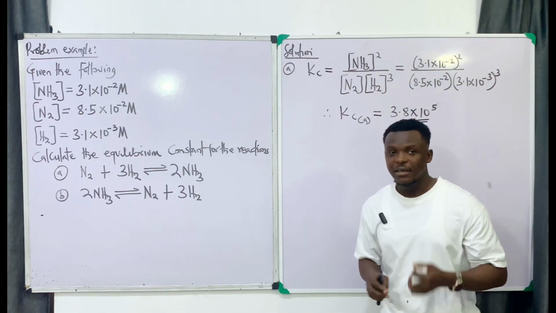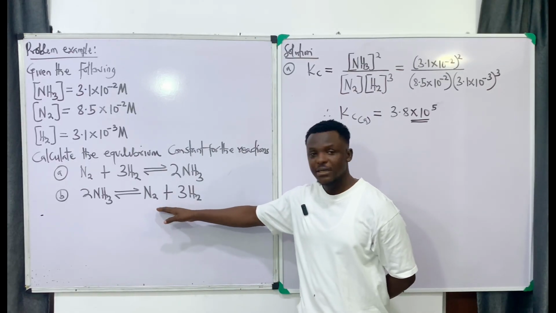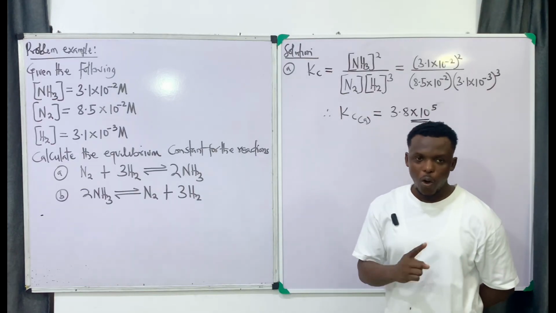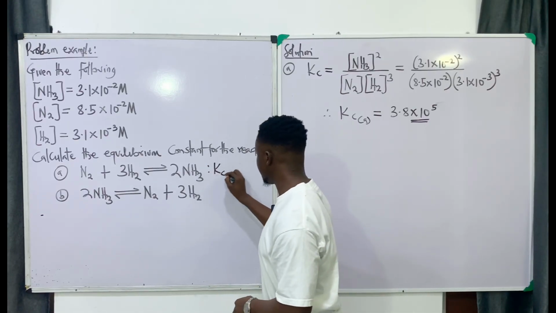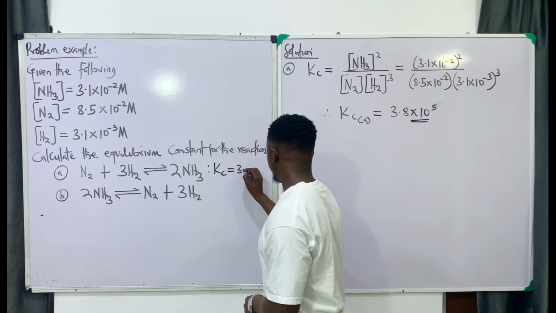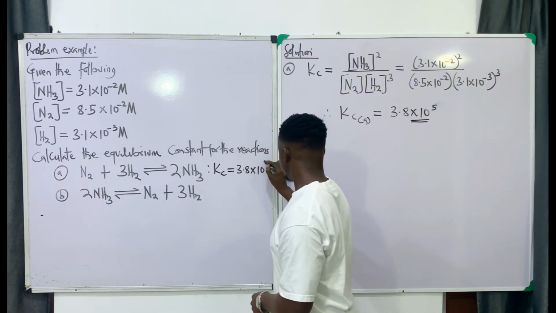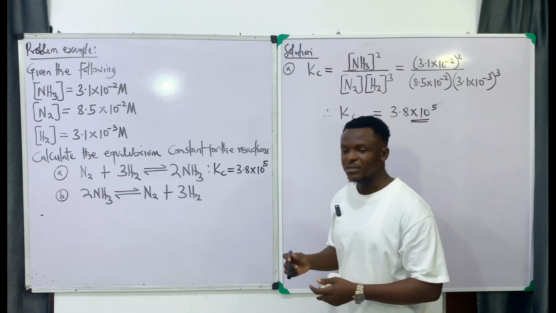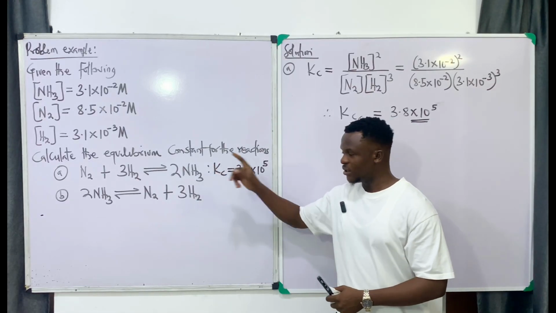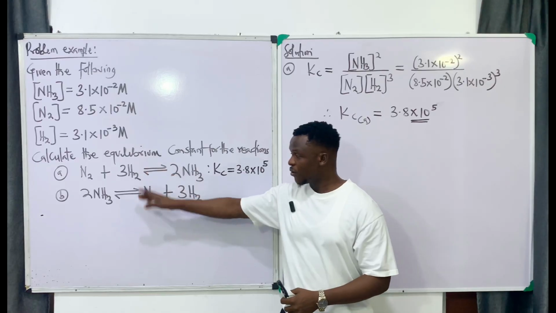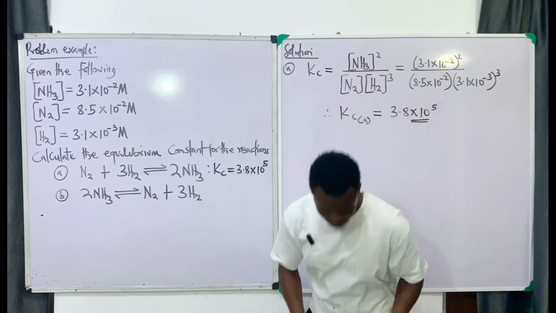Either we follow the same pattern, writing the equilibrium constant expression and substituting the values, or, since I now know the equilibrium constant of the first to be Kc equals 3.8 times 10 raised to the power of 5, I can use the concept we used previously, calculating the equilibrium constant of a new reaction when one is given. If you look at this, they contain the same chemical species. The only difference is that they are the reverse of each other.